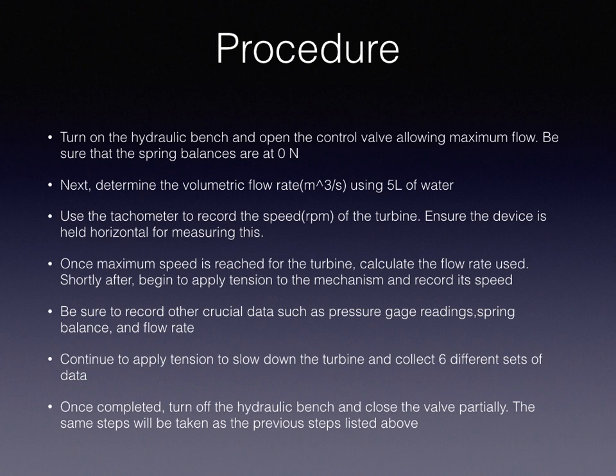Once we reached our maximum speed, we added tension to the mechanism to essentially slow it down. We also had to record other important data, such as pressure gauge and spring balance readings. We continued to add this tension for 6 different sets of data. Once completed, we turned off the hydraulic bench and collected the data once again. This time, we did it with the spear valve partially open instead.